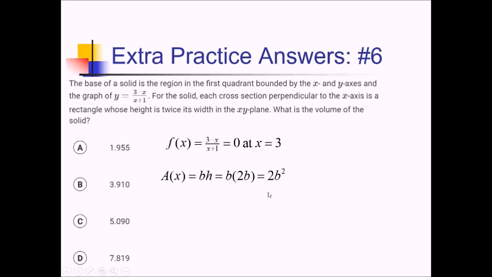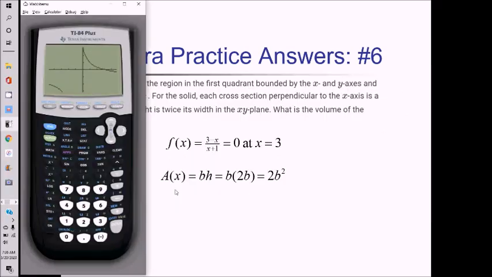And now what is the base of the rectangles? We can't just write base here because we need something in terms of x in order to integrate this area function. So going back to my graph, each of those is a vertical strip that is running from the x-axis up to this curve here.